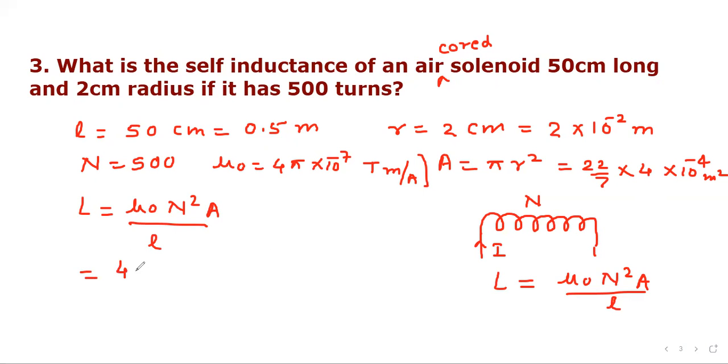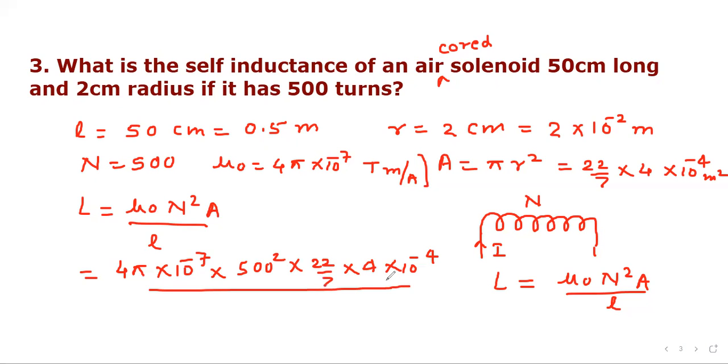So 4 pi into 10 to the power minus 7 times N square, means 500 square, times area. Area is pi r square. So 22 by 7 into 4 into 10 to the power minus 4 divided by length.